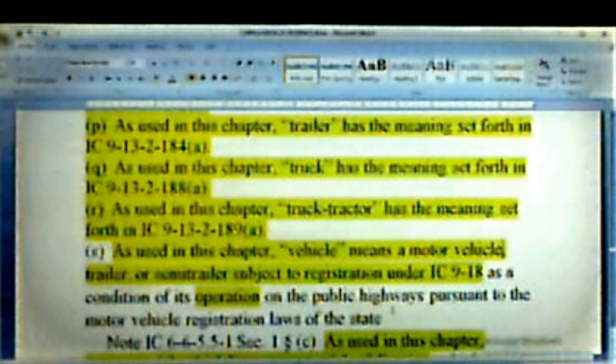And it says, a trailer or semi-trailer subject to registration under IC 918 as a condition of its operation on public highways pursuant to the motor vehicle registration laws of this state. Now, did you guys catch that? Vehicle means a motor vehicle. It says a trailer or semi-trailer subject to registration under IC 918 as a condition of its operation on the public highways pursuant to the motor vehicle registration laws of Indiana.